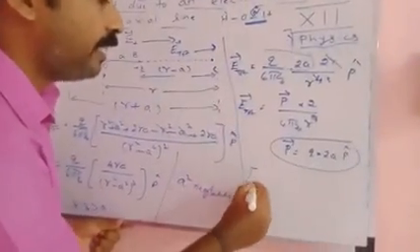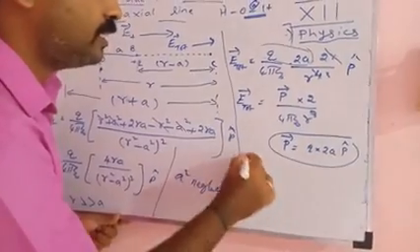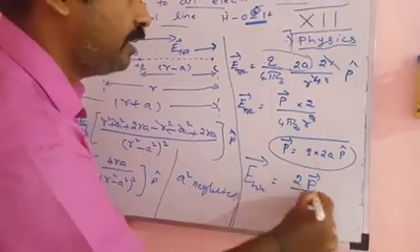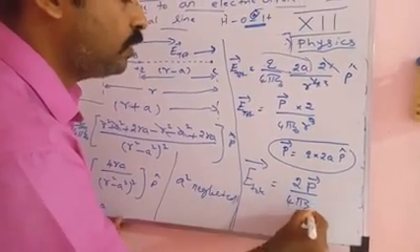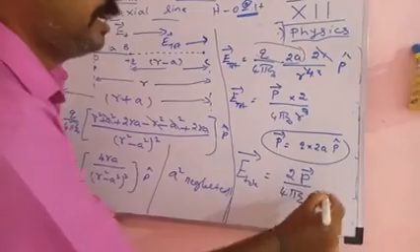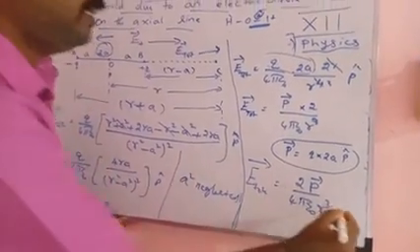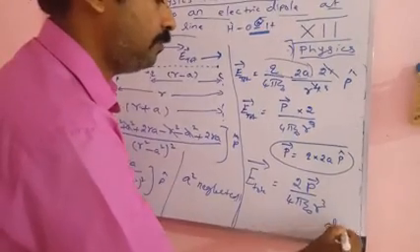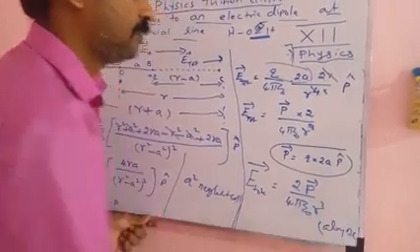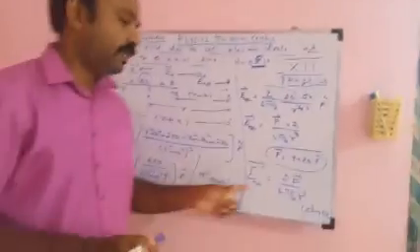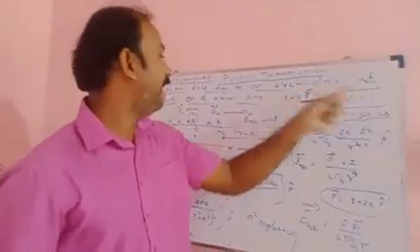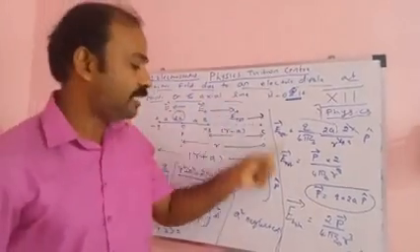So we rewrite E total as 2p vector divided by 4 pi epsilon 0 into r power 3 along the BC direction. This is actually the final value of the electric field due to an electric dipole at a point on the axial line.